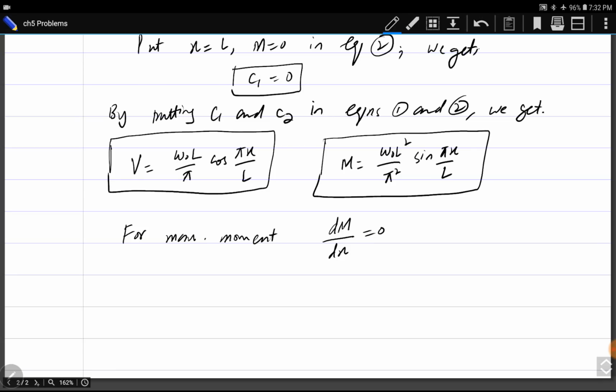So if we keep the first derivative of bending moment equal to 0, the first derivative of bending moment is shear force.